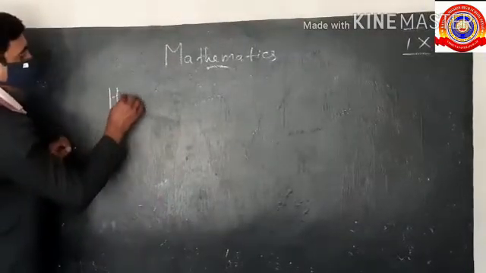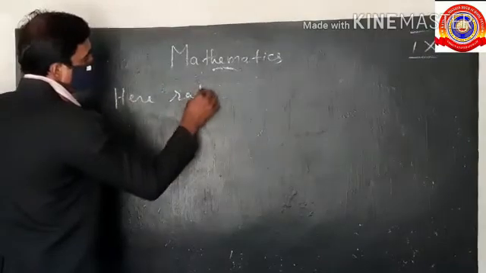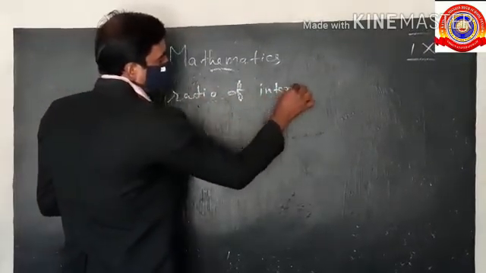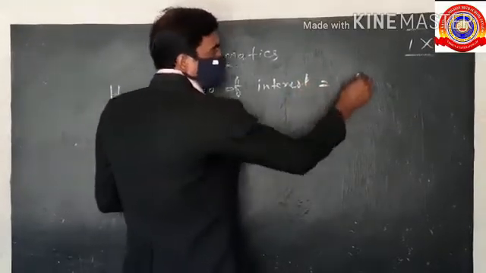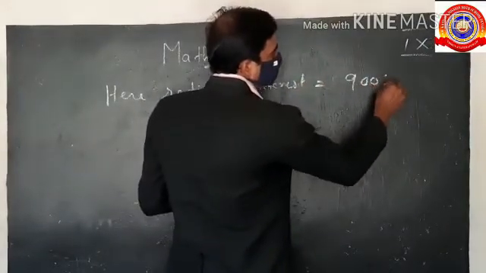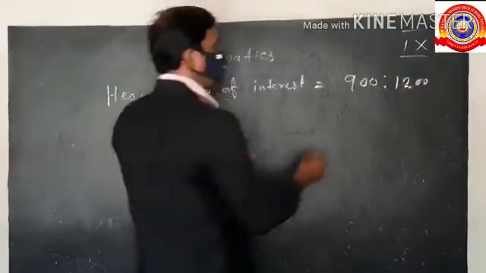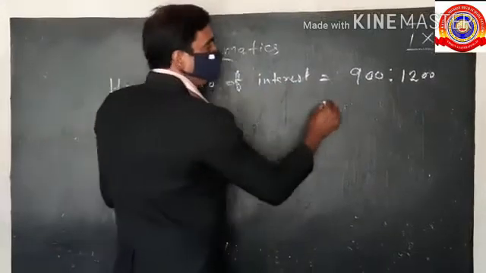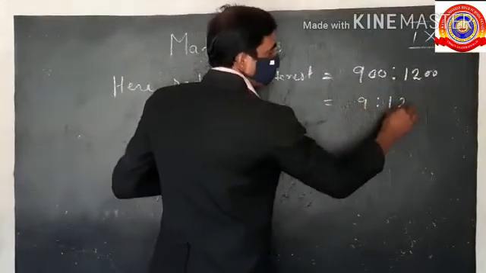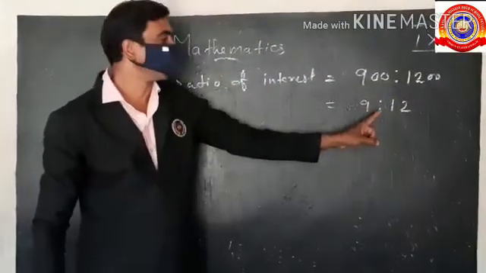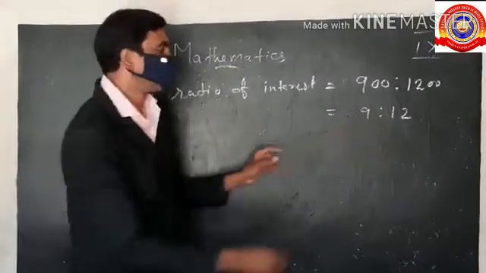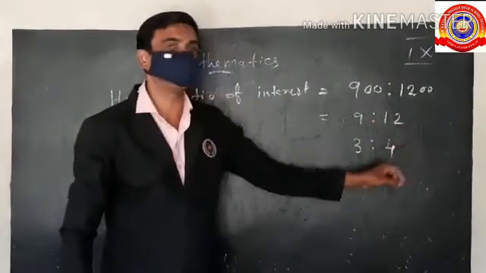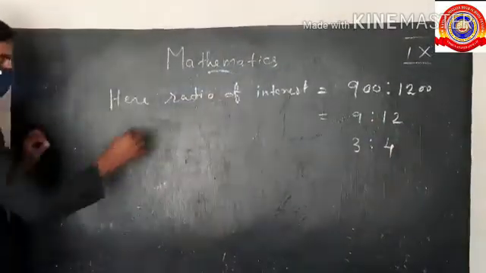Here, ratio of the interest is equal to 900 is to 1200, which is equal to 9 is to 12. By reducing them, we get 3 is to 4. Both were divided by 3.